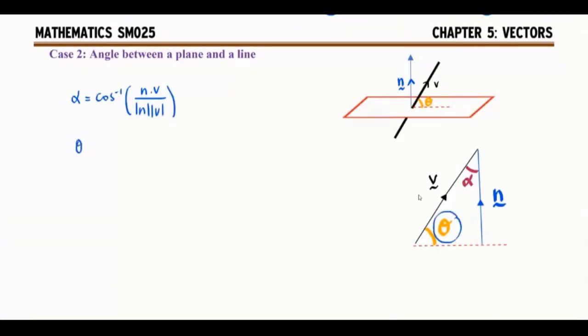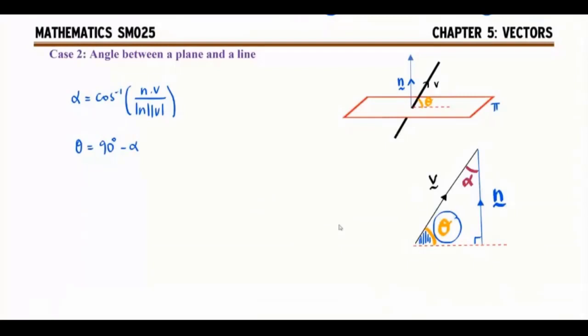So theta will be equal to 90 minus alpha. That's why we have to minus with 90 sebab yang kamu nak cari adalah angle between line dan juga plane. So in order to find this angle, you have to minus from 90 degree. 90 degree tolak alpha di sini, kita akan dapat theta di sini.